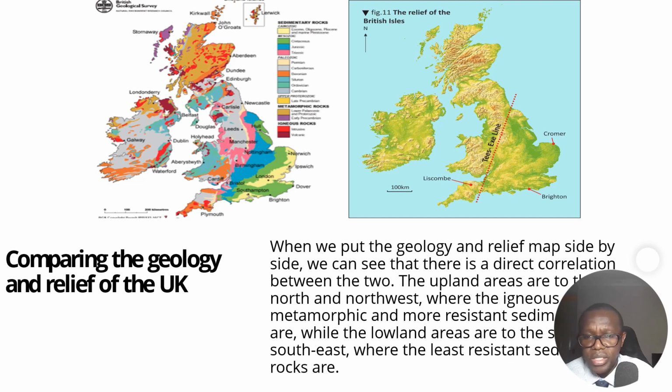Here it's represented by the brown areas of land that have the higher relief, and it's in those same areas that we have the metamorphic and the igneous rocks. Then to the southeast and south of the Tees-Exe line, we have the lower relief, mostly in green and a lighter shade of brown, and it's those areas that have the sedimentary rocks which are less resistant. So there is actually a direct correlation between the relief and the geology of the UK.